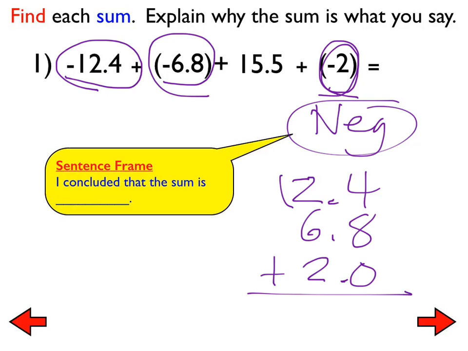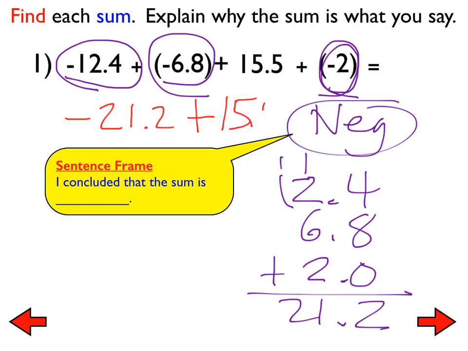So when we gather all of our negative numbers together, we can see that I have 21.2 negatives. So basically, I have 21.2 negatives plus 15.5 positives.